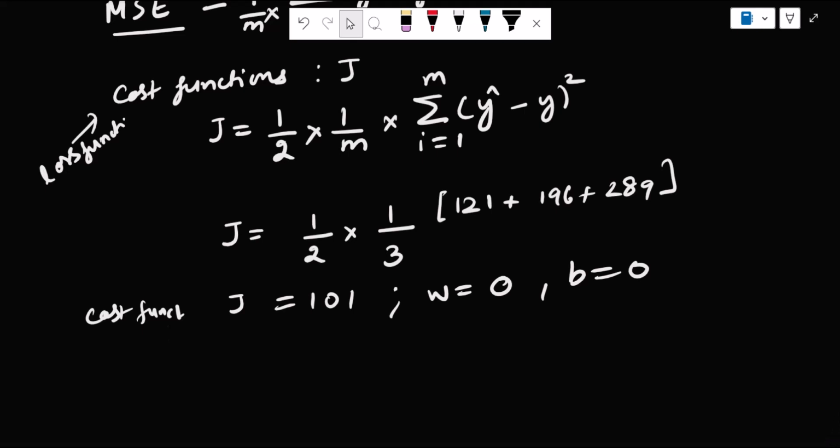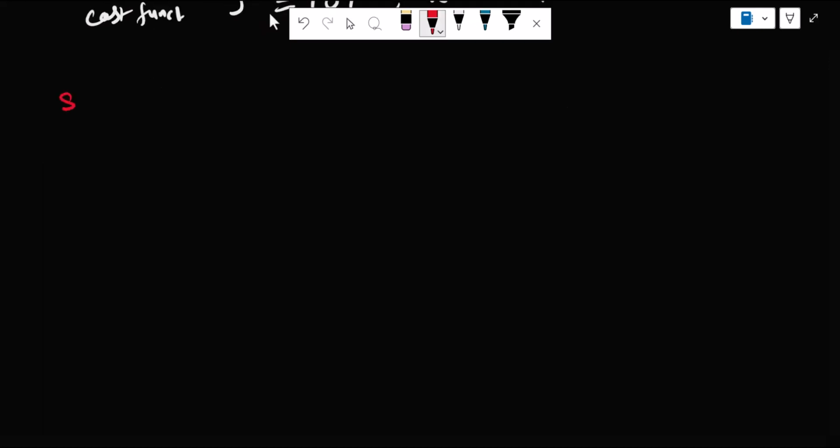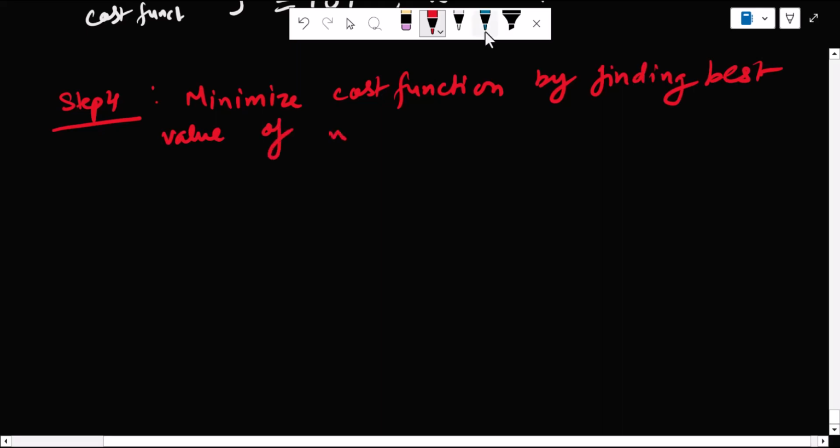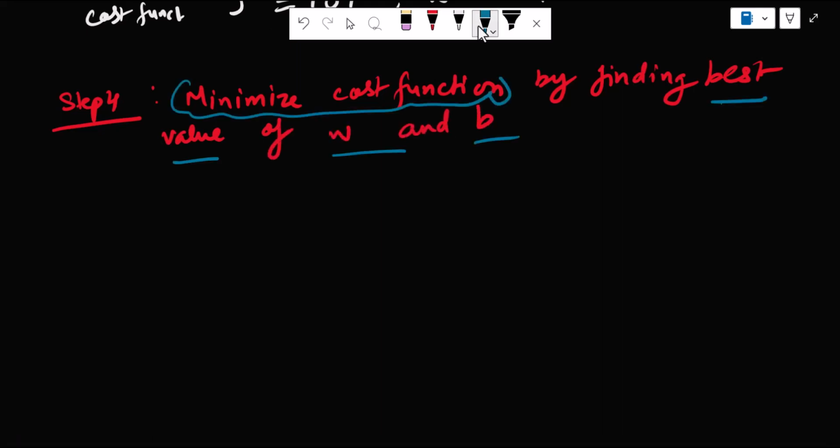How cost function can be made minimum, that is where the role of gradient descent algorithm is coming into picture. As part of next step, let's call it step 4, what we need to come up with is to minimize the cost function by finding best value of W and B. Correct? That's what the aim of this step is.